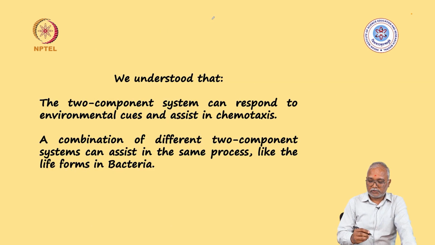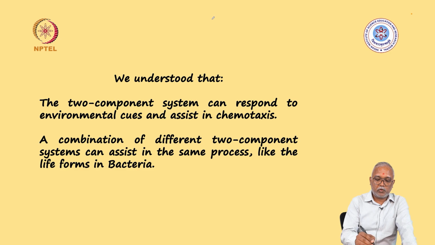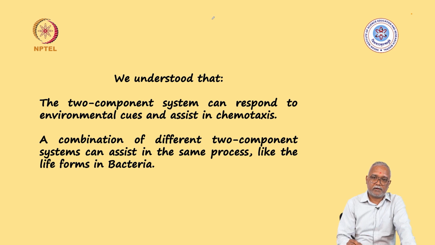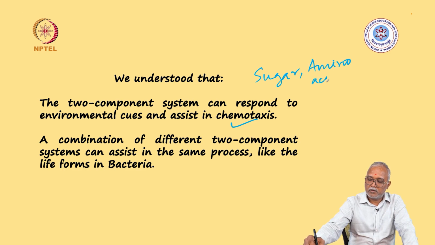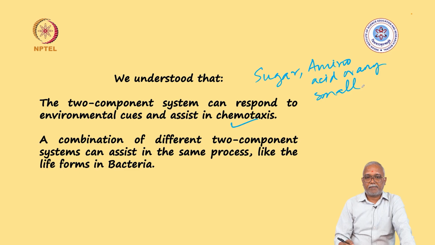So what we have understood from this class is that the two-component system is important for multiple different functions where bacteria respond to the environment. It could be chemotaxis, whether the sugar is present or amino acid is present or any other small molecule to which that adapter was responding.